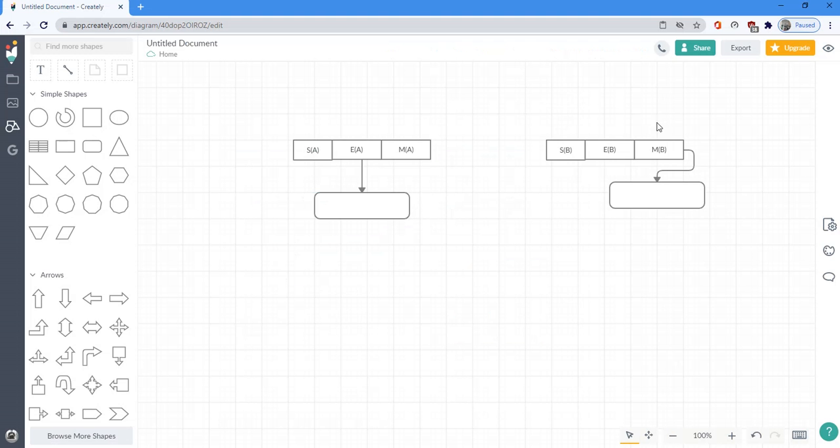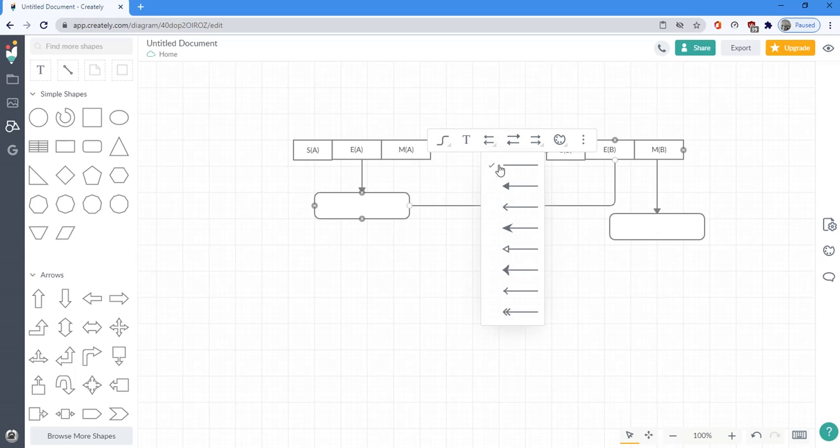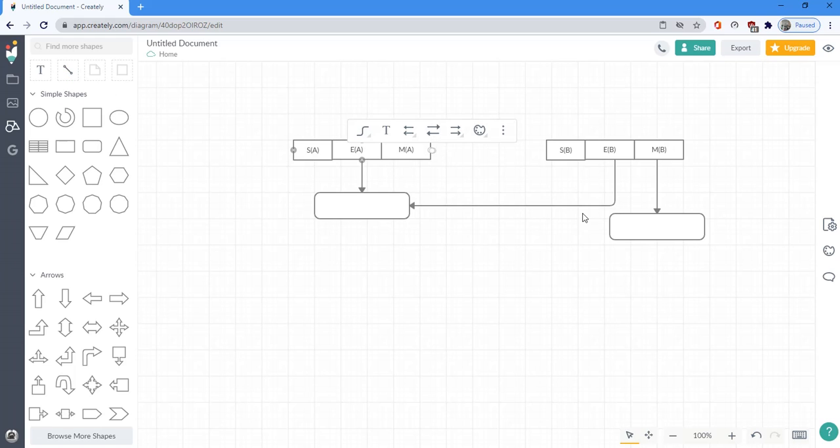Accordingly, you can draw a line from here and an arrow from here from MA to here. So this is how you give a diagram.